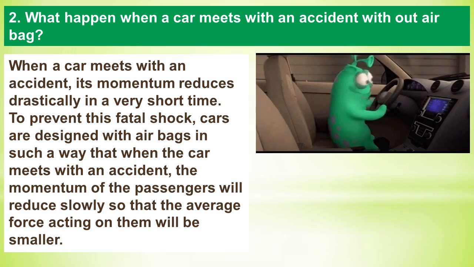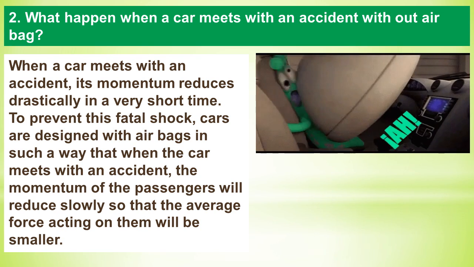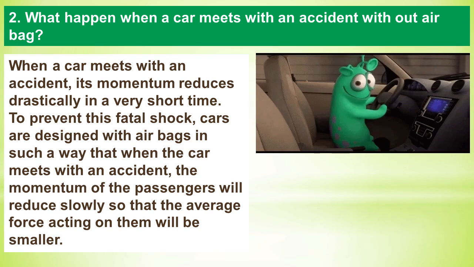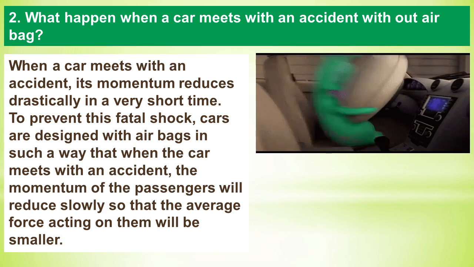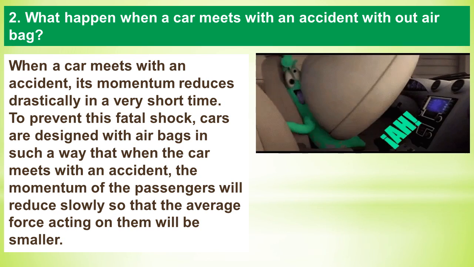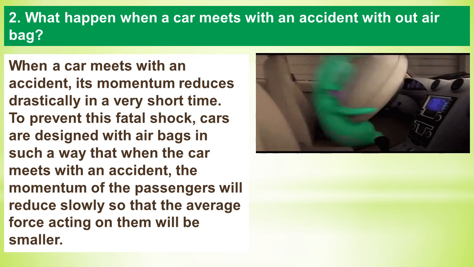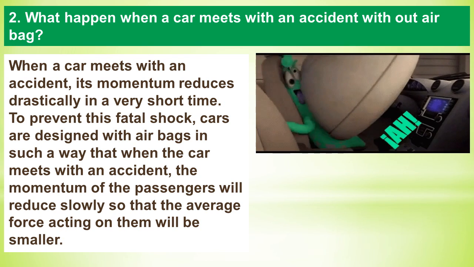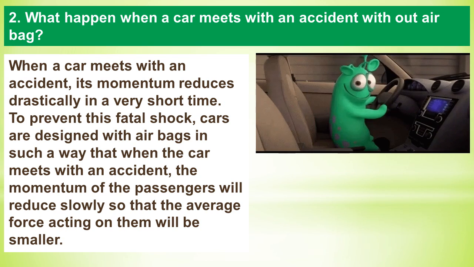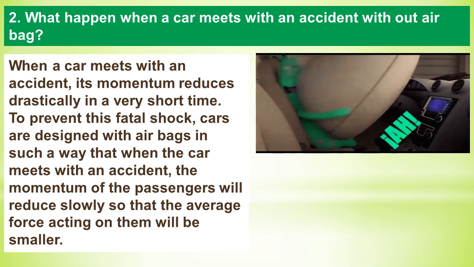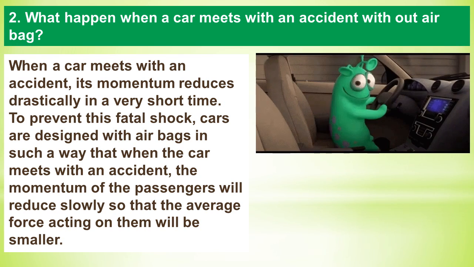When a car meets with an accident, its momentum reduces drastically in a very short time. So this is very dangerous for the passengers inside the car, since they will experience a large force. To prevent this fatal shock, cars are designed with airbags in such a way that when the car meets with an accident, the momentum of the passengers reduces slowly so that the average force acting on the system will be smaller.